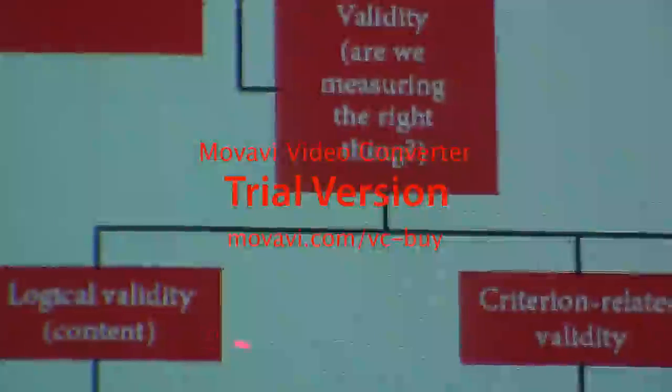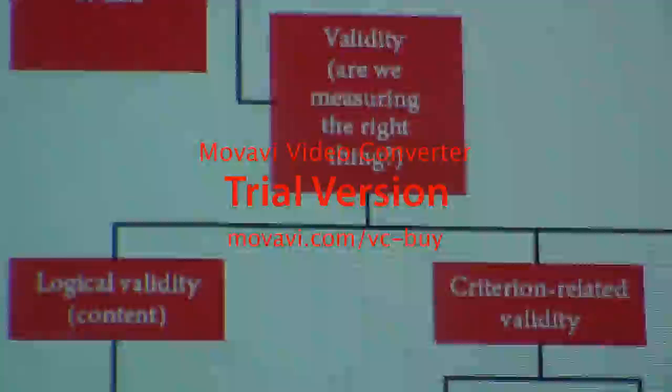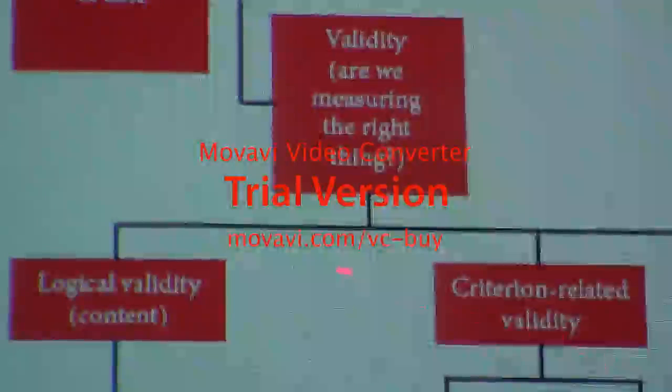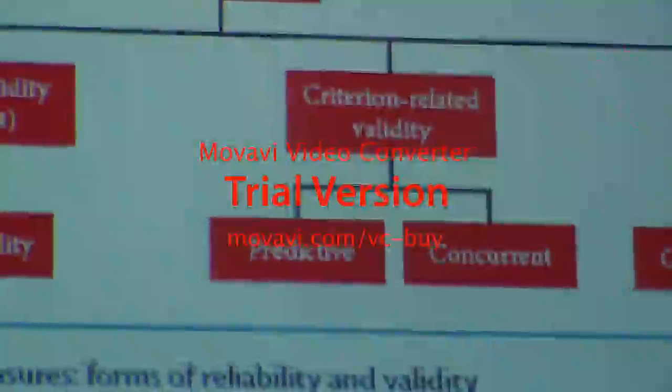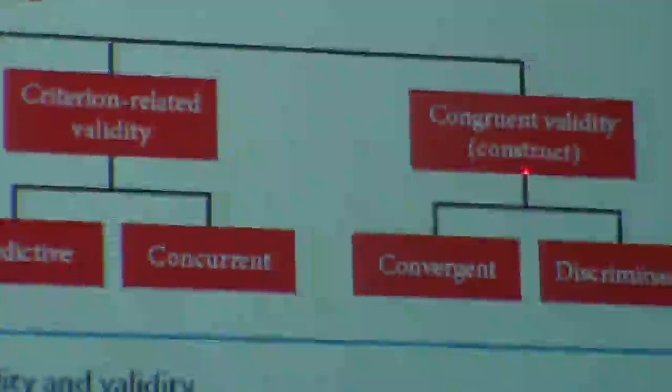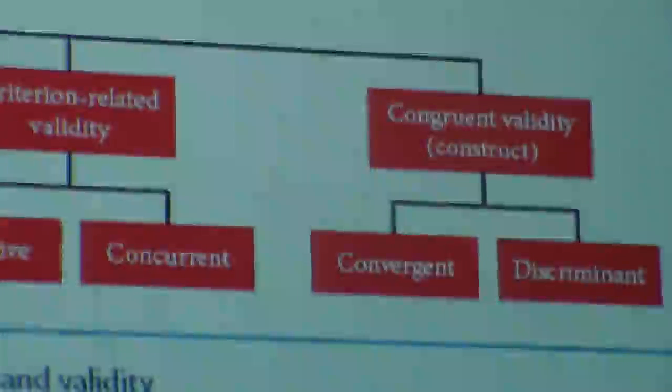So we have logical validity in terms of content, face validity, criterion-related validity, predictive or concurrent, and construct validity. All these things are measures for the goodness.